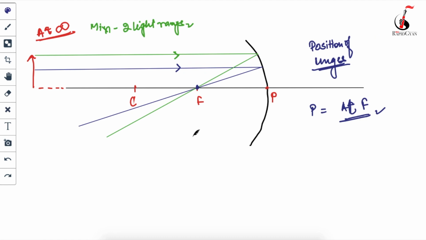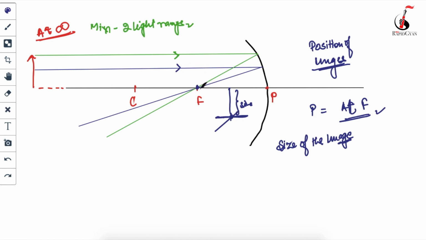Okay. Now coming to the next point. How are we going to decide the size of the image? Suppose these two rays are somewhere intersecting like over here, I am assuming. In this case we will have to draw a line to the principal axis. This height will become the size of the image, meaning the distance from the principal axis to the point of intersection of the rays.